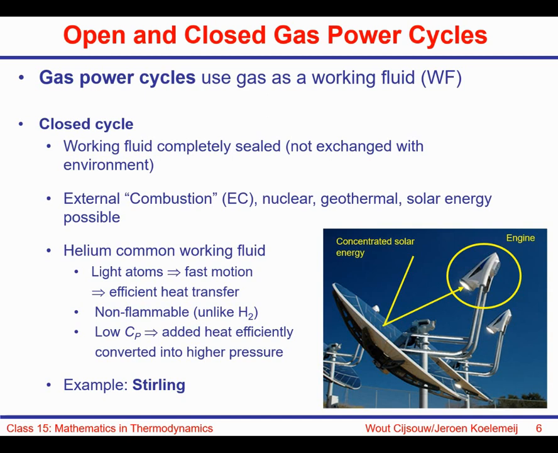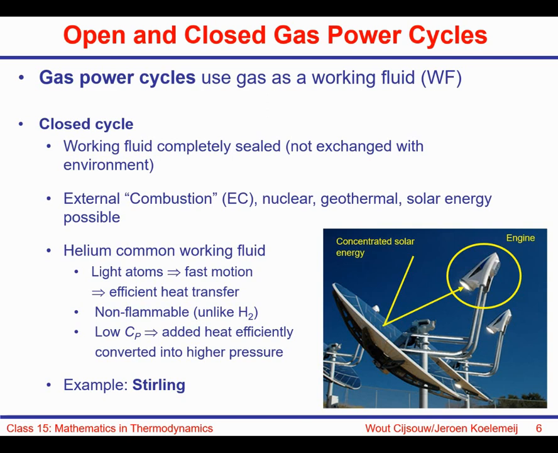This is a type of engine where you typically use external combustion, and combustion is written between quotes here because it can be literally combustion, but it can also be heat provided by a nuclear source or geothermal source or solar energy.